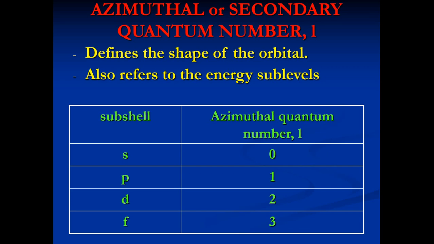So the azimuthal quantum number depends on the value of n.